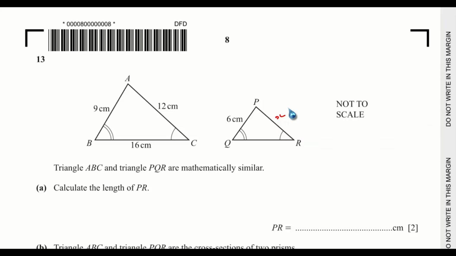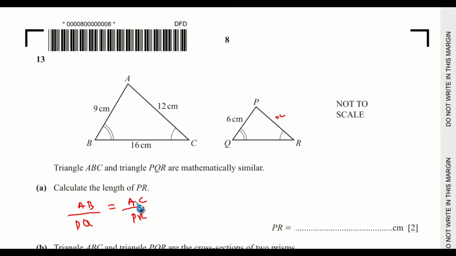Okay, so we can use the ratio of corresponding sides. That is AB ratio PQ must be equal to AC ratio PR, because they are similar shapes.